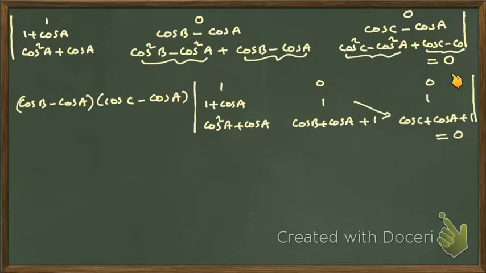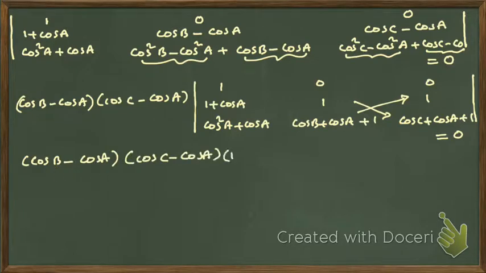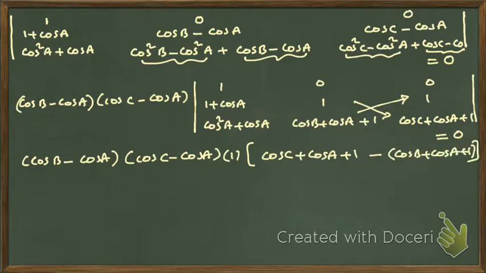And in the first row, since you have 1, 0, 0, you will say 1 into its minor, cross multiply. So 1 into its minor. So when you cross multiply, this is cos b minus cos a into cos c minus cos a into 1 into its minor, expand it. So 1 into that whole big term minus this into 1, which is that whole term in brackets, is equal to 0.